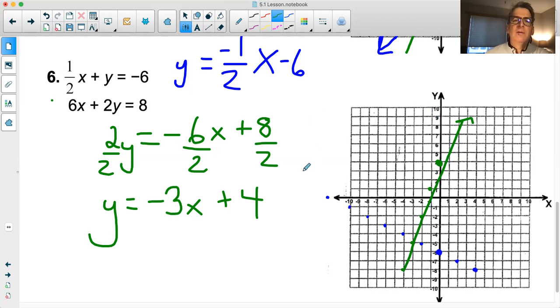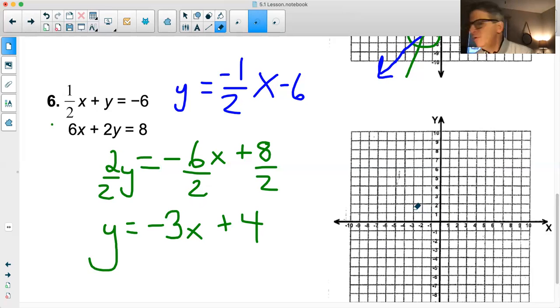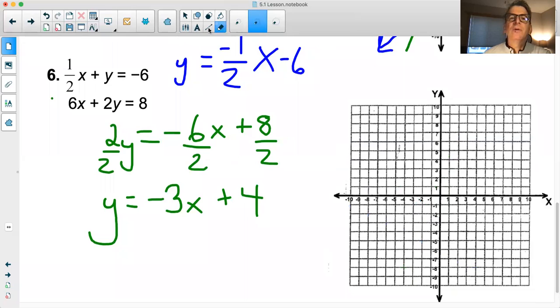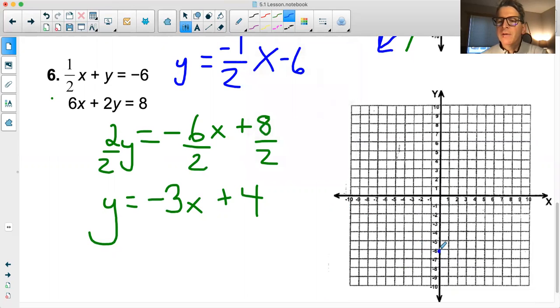Let's double back. Let's go back here. I have nobody correcting me because obviously I'm doing the video here. So I'm going to go back to this equation, -1/2 x minus 6 first. Okay, double back on this. So -6 is here.